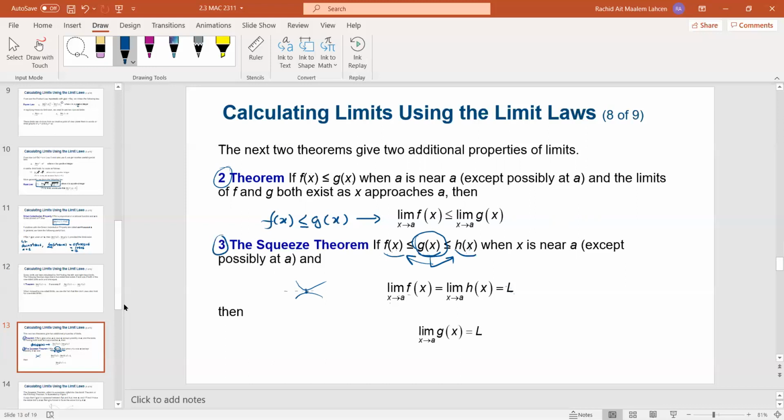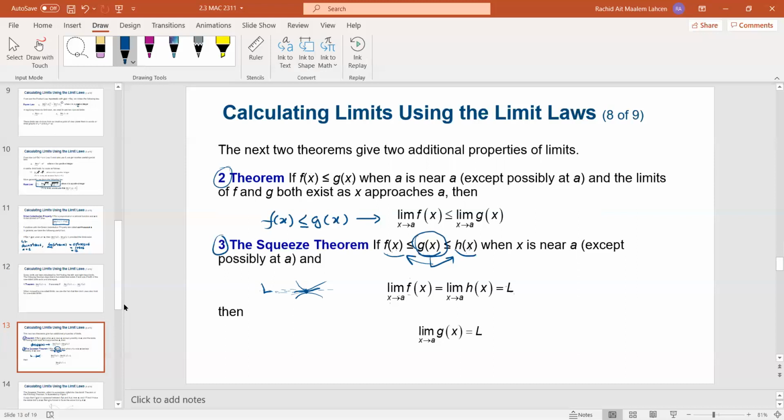And the one you're interested in, something maybe like here, well, if this one is L and this one is L, then if the function you're interested in is in between, that means its limit must be L. So I'll show it in a different graph, but that's what it means.